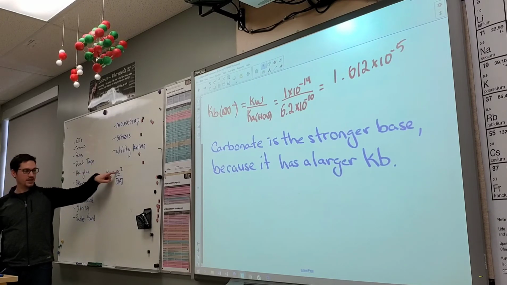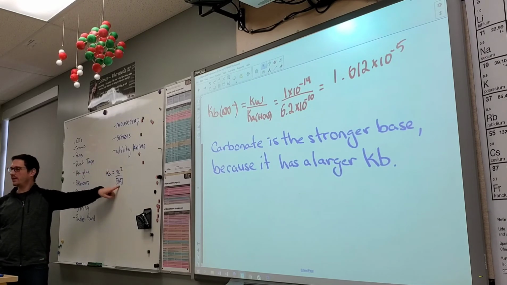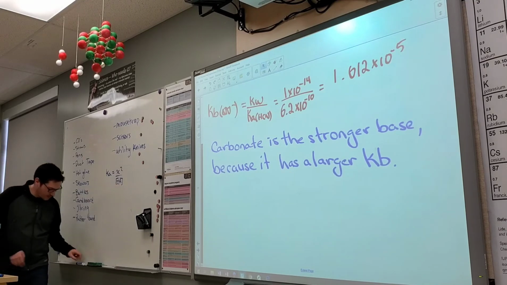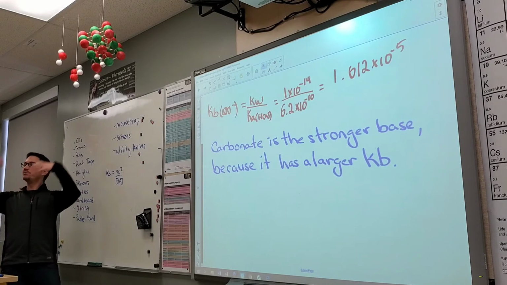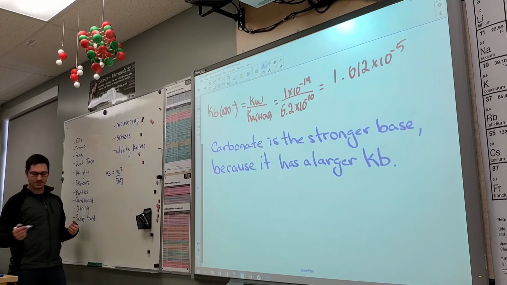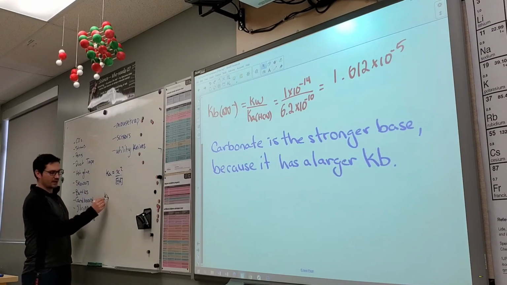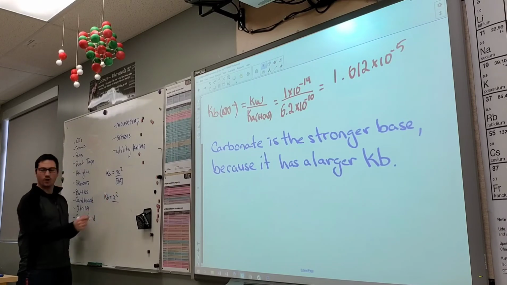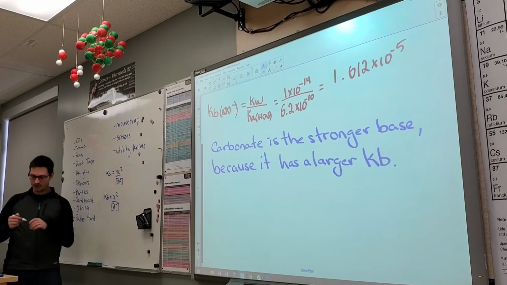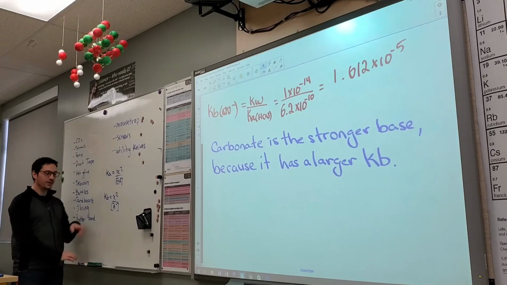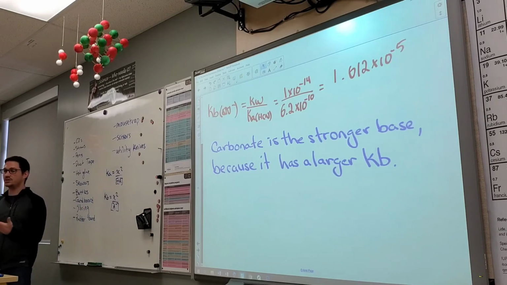Ka equals x squared over the original acid concentration, right? Now let's use that same shortcut for bases. KB is x squared over the original conjugate base concentration. Does that make sense?